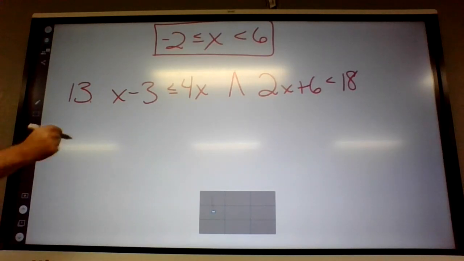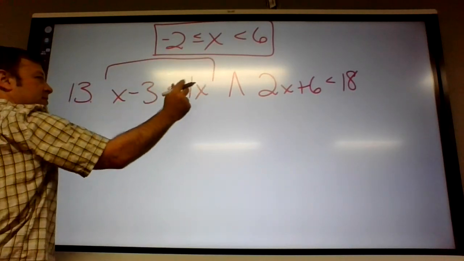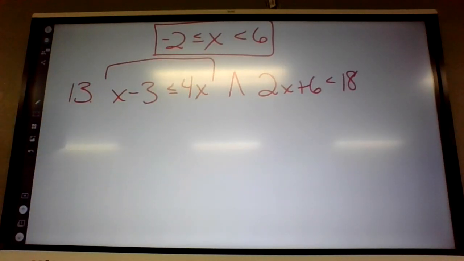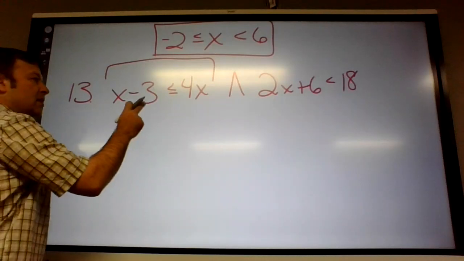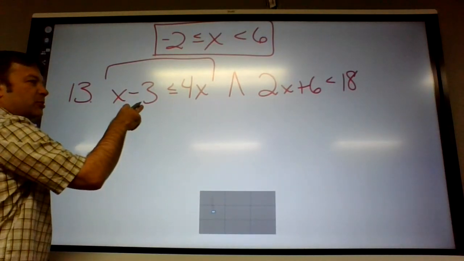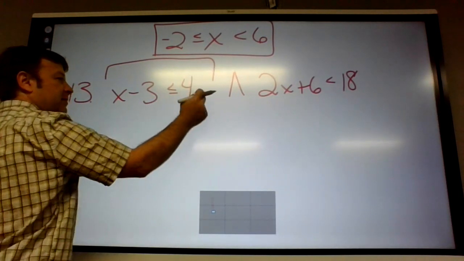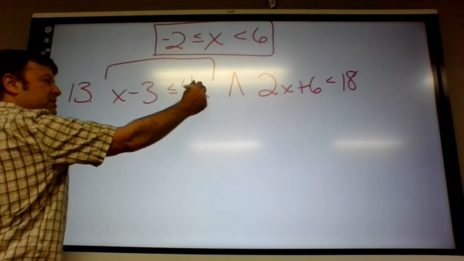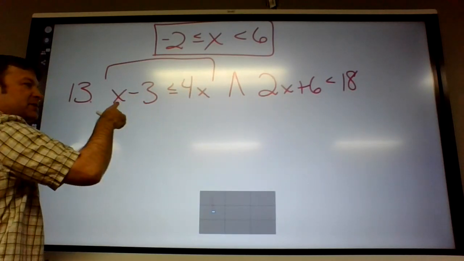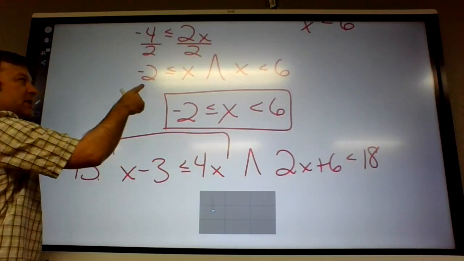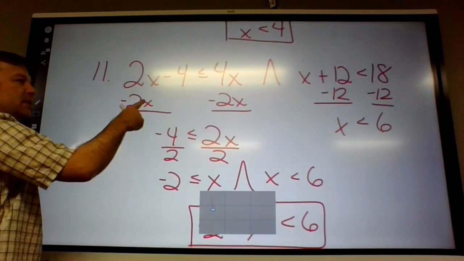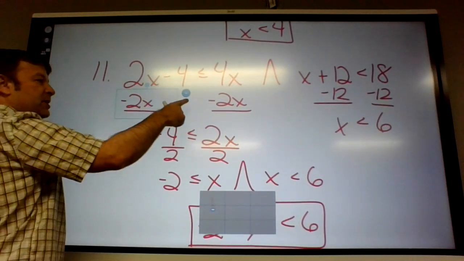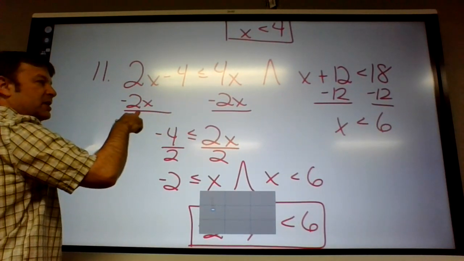Ashlyn, what should I do on this first one? Minus the 3. Well, normally, if this had said 4 over here, we would add 3. But since there's x's on both sides, remember what I did last time? If there's x's on both sides, you want to eliminate the x's off of one side.